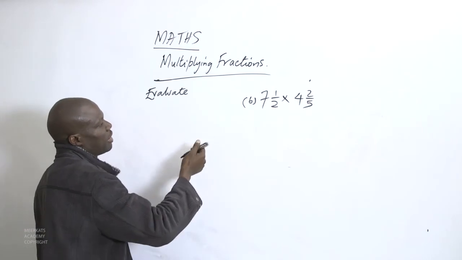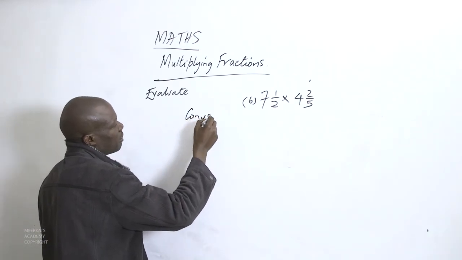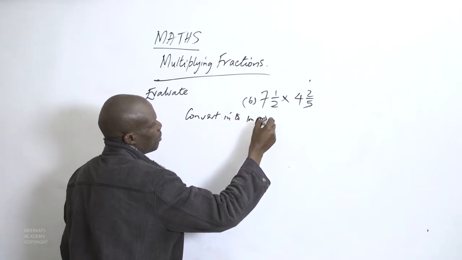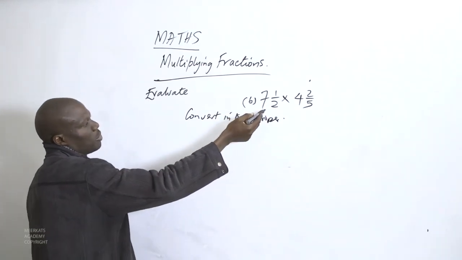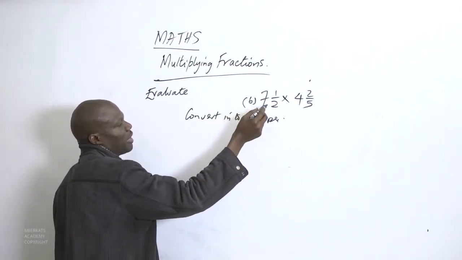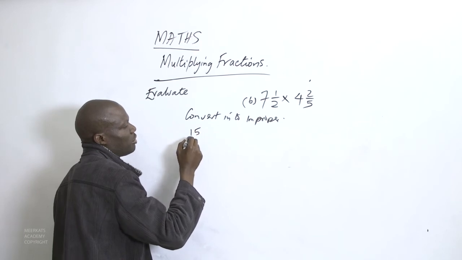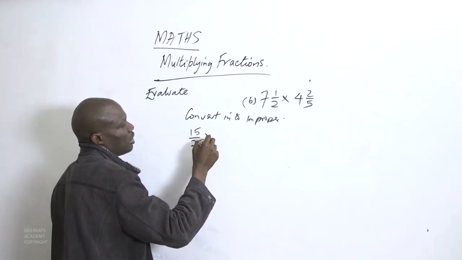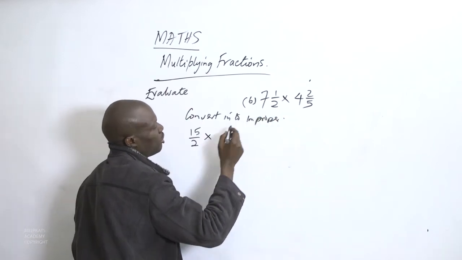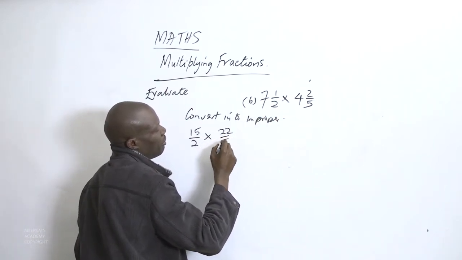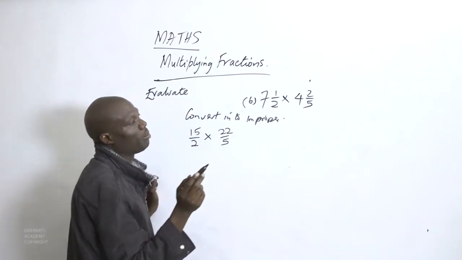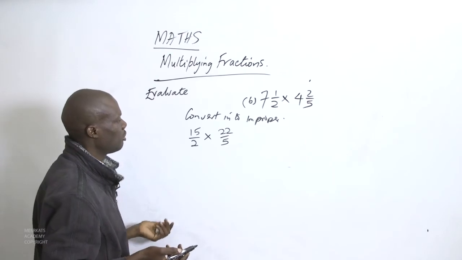So as we convert, we shall look at the relationships: 2 times 7 is 14 plus 1. So the 7.5 will be equivalent to 15 over 2. Then 4 and 2 over 5 will be equivalent to 22 over 5. How did you get 22? It is 5 times 4, which is 20, plus 2, which is 22.